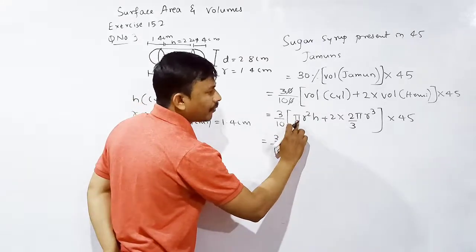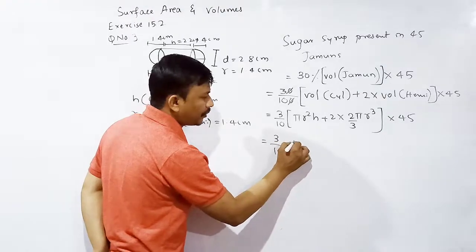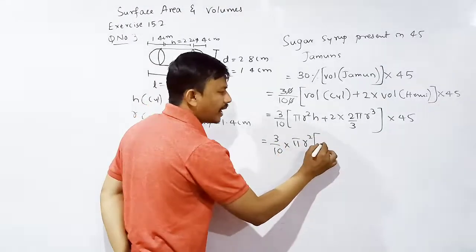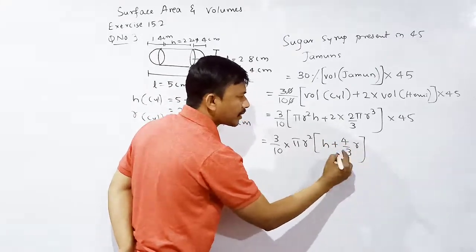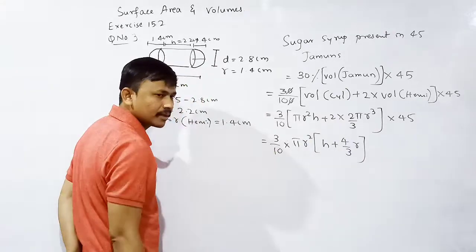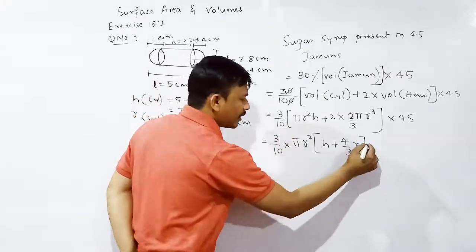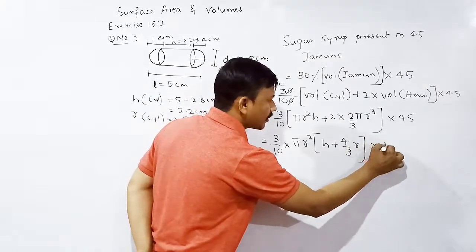What is common here? Pi r square is common. Inside the bracket h plus 4 by 3 r. Why? One r square went out, only r is left. Understood? Okay. Then into 45.